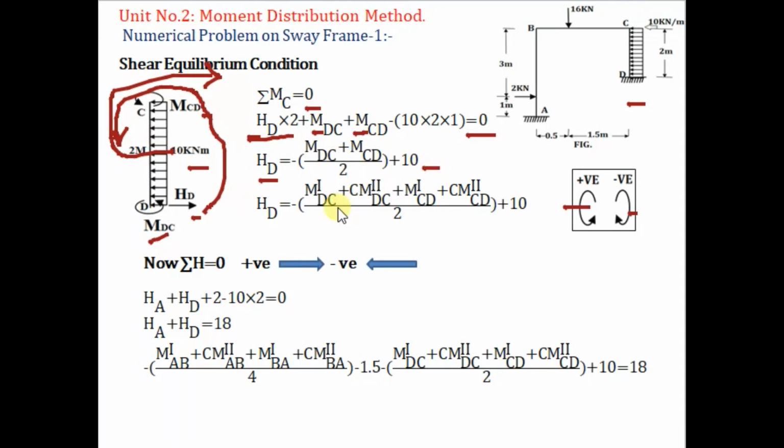Now put here the values of MDC and MCD. So we have this equation for HD in terms of moment due to the non-sway frame and moment due to the sway frame along with the correction factor. Now after the calculation of this HD, let's consider the whole frame, and consider the horizontal equilibrium condition for the whole structure.